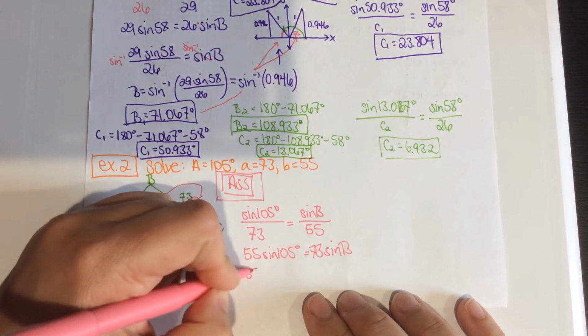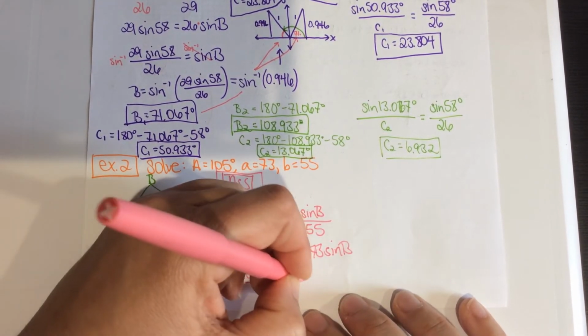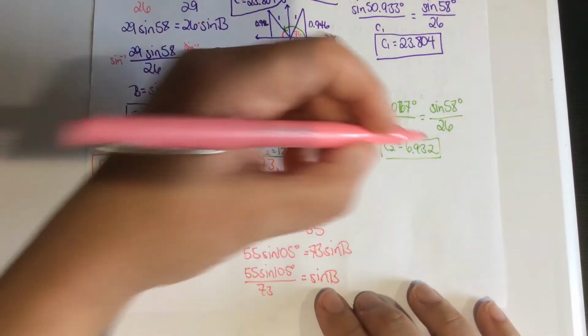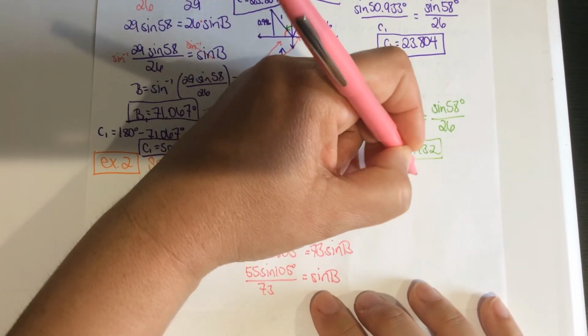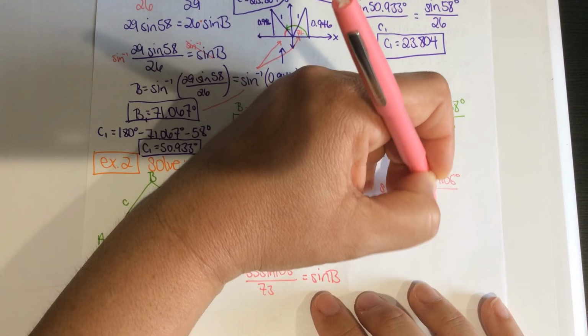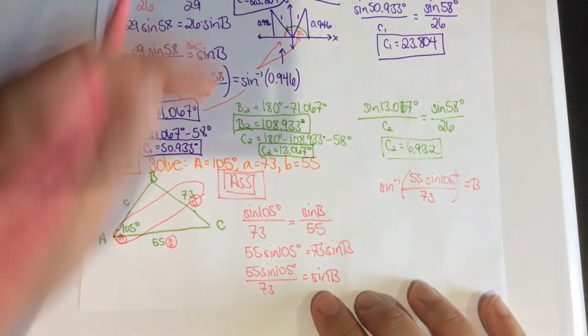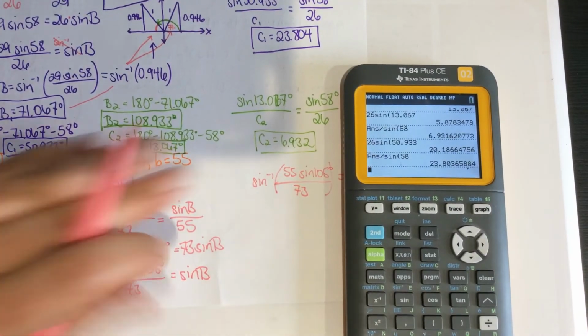Divide, sine inverse of both sides. And then if you want to, you don't have to do this, but I just want to point it out again.